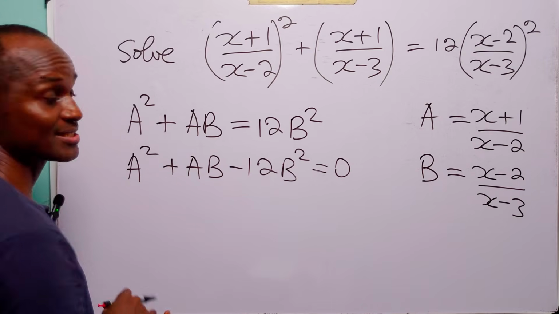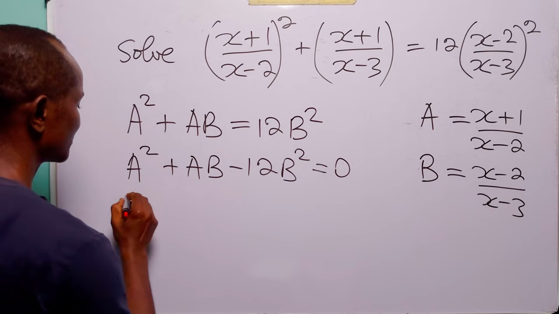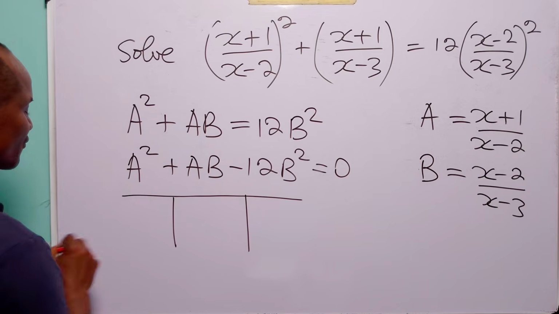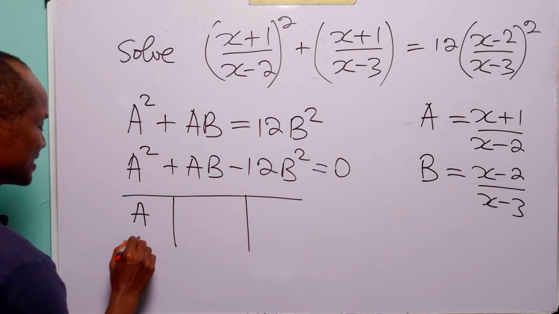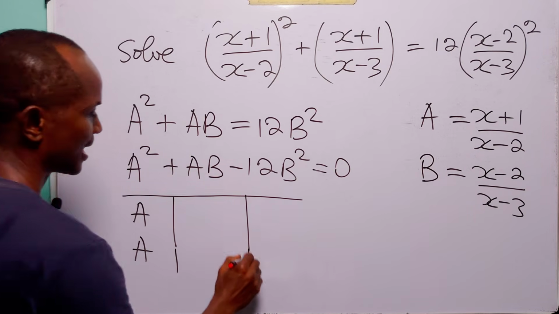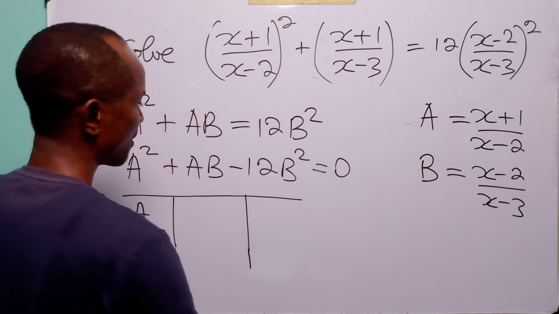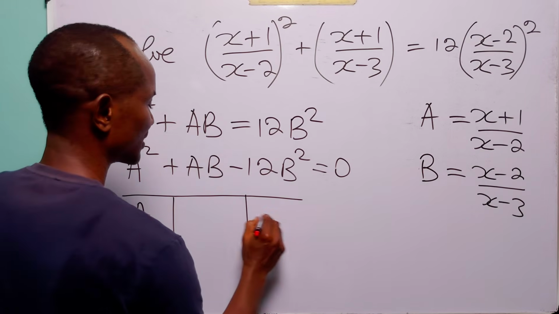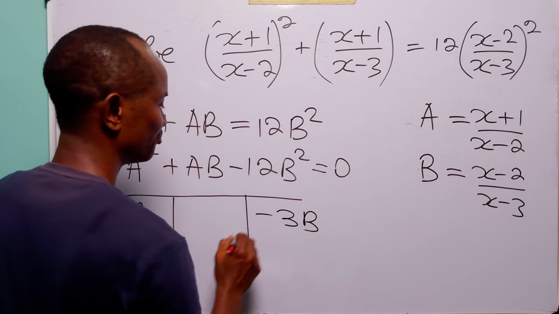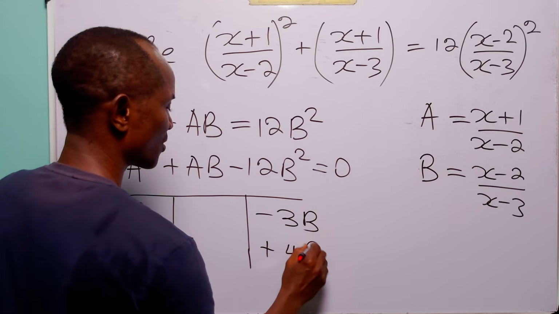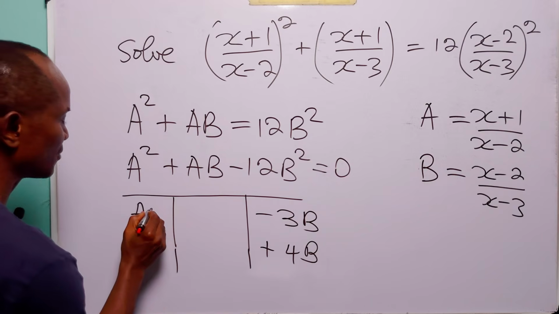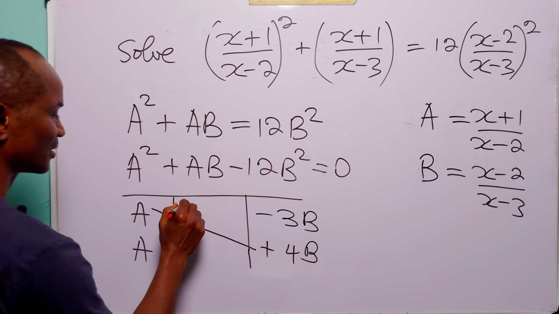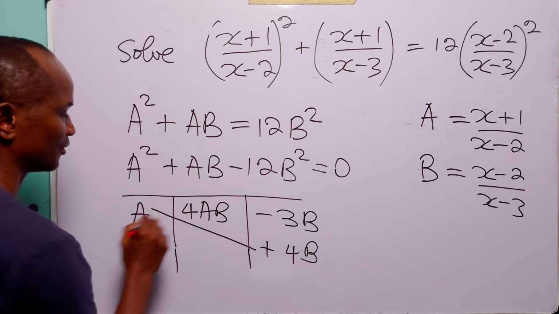Now we can factorize this quadratic equation. Let us use the table method. The factors of a squared are, of course, a and a. And the factors of minus 12b squared are minus 3b and plus 4b. Now, when we multiply a by plus 4b, we have 4ab.